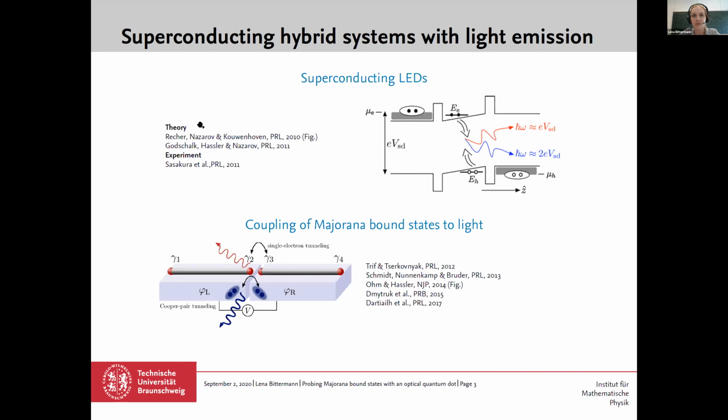And it was also proposed, and also shown in an experiment, that you can get photon emission from superconducting reservoirs. Also, the coupling of Majorana bound states to electromagnetic fields is not a new idea, as we also saw yesterday. So you can couple them to a microwave cavity or use a Josephson junction where you get this Josephson radiation.